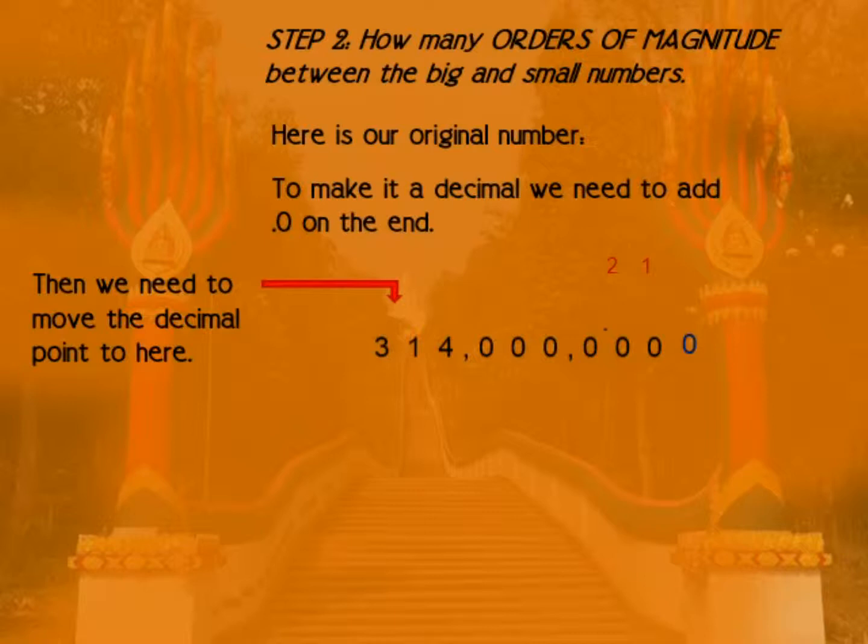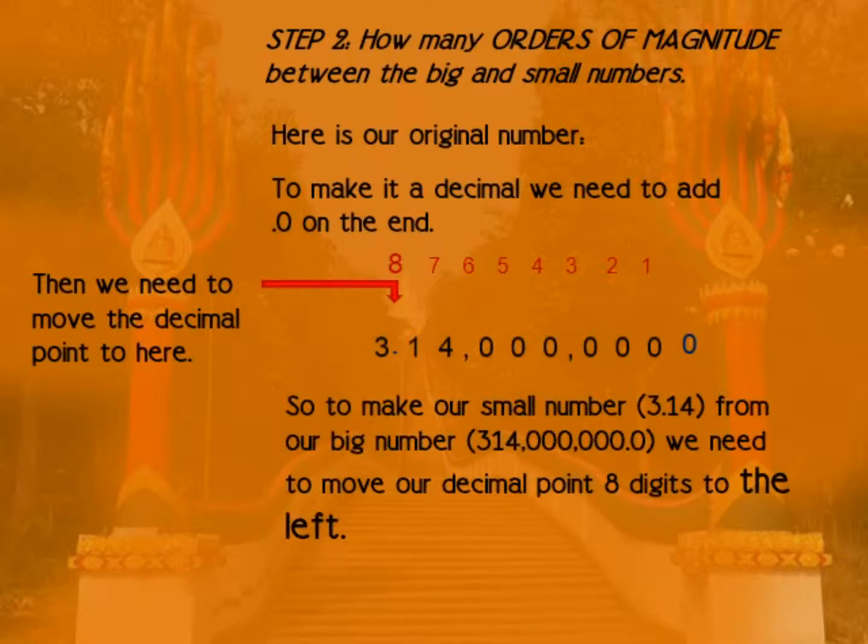Well, let's look. 1, 2, 3, 4, 5, 6, 7, 8. 8 places to the left. So to make our small number from our big number, we need to move our decimal point 8 digits to the left. And if we look at our standard form, 3.14 times 10 to the 8, this is where our 8 comes from. So it's fairly straightforward, in fact.